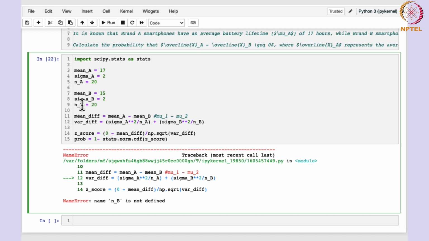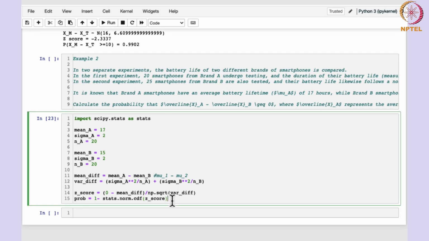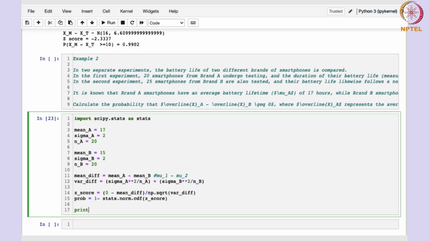NB is not defined. Now you want to print, because here we want to print, so we have not given that command. Print f probability that xa minus xb is greater than equal to 0.